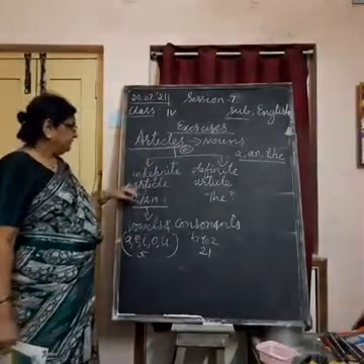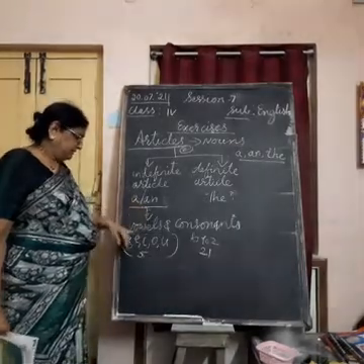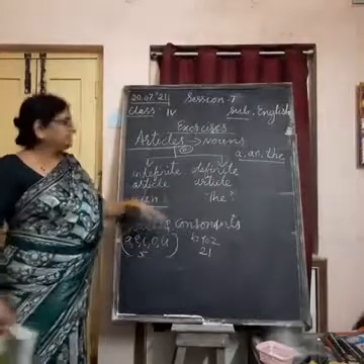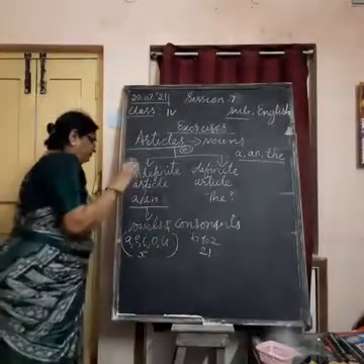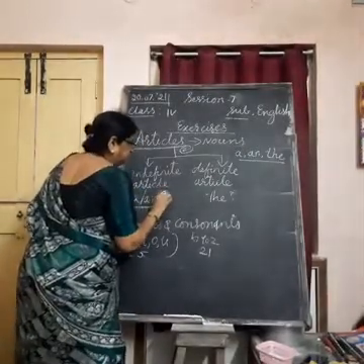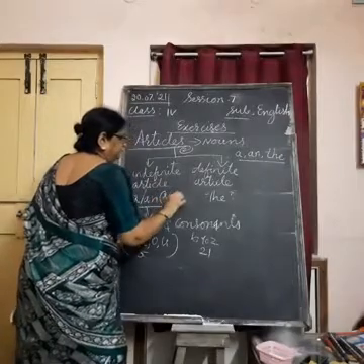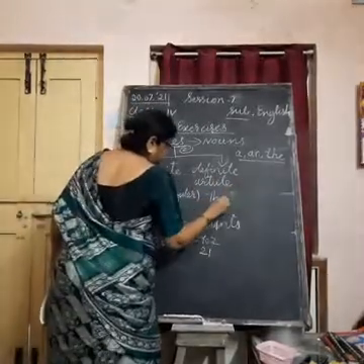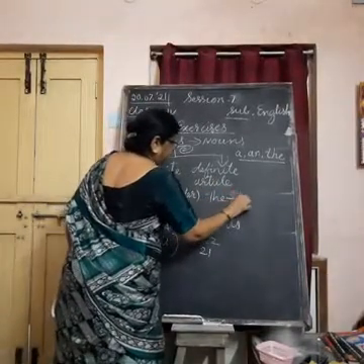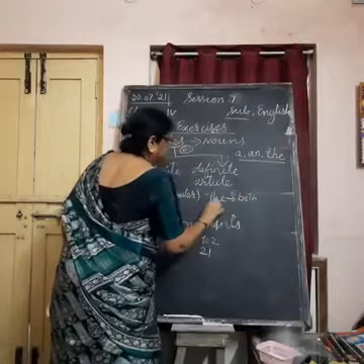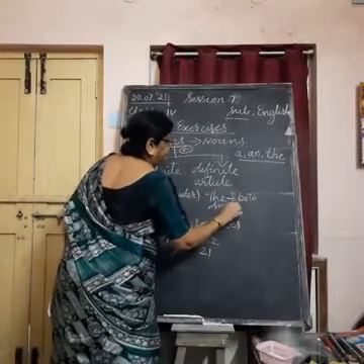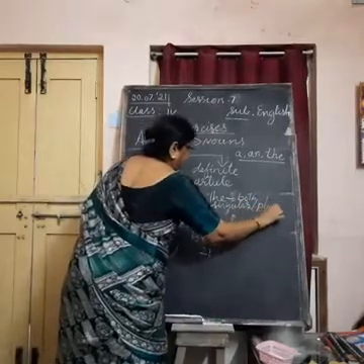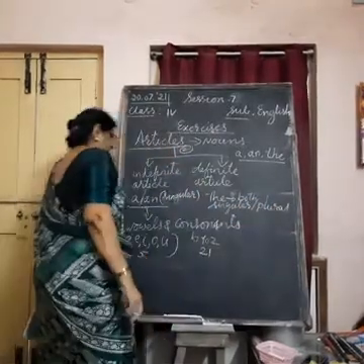Let us talk about this part. Indefinite articles a and an are used with the singular form. Understand? A and an are used with singular. The can be used both with singular or plural, no matter.